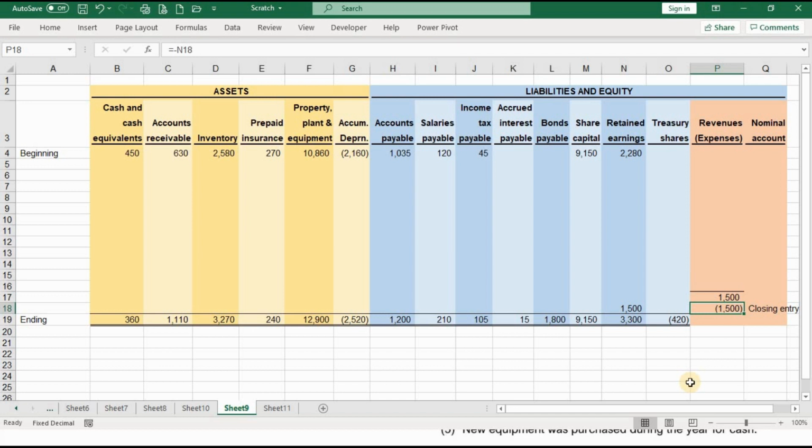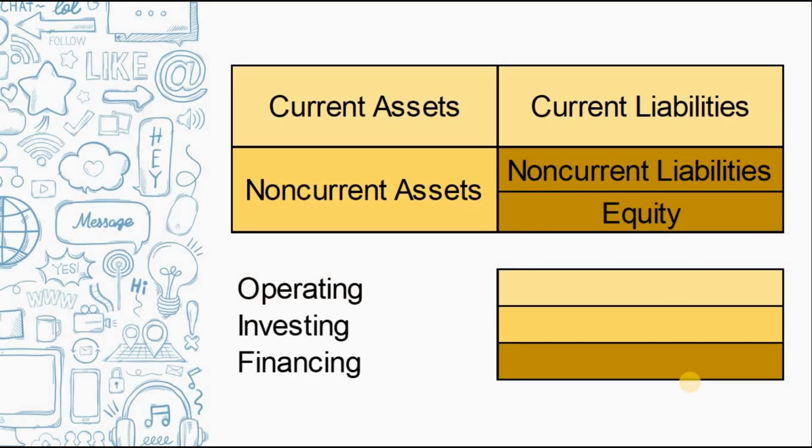So the adjustments would include all nominal accounts, which means accounts in the income statement that are related to investing and financing activities. And what are these? Based on our general concept, transactions that have an effect on non-current assets are investing activities.